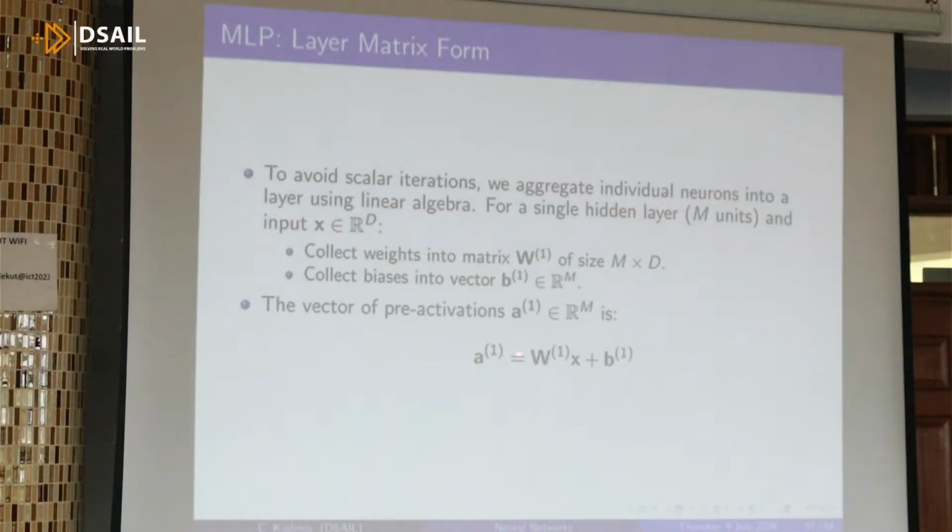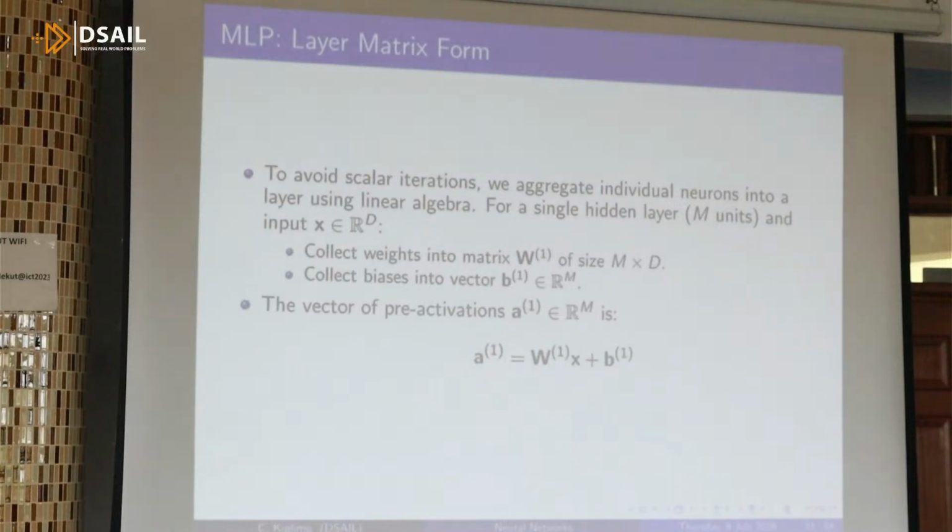That means A becomes W, which is no longer a vector but rather a matrix, multiplied by X, which is the same input vector, plus B now. B is no longer a scalar, it's a vector because we've collected our biases into a vector.